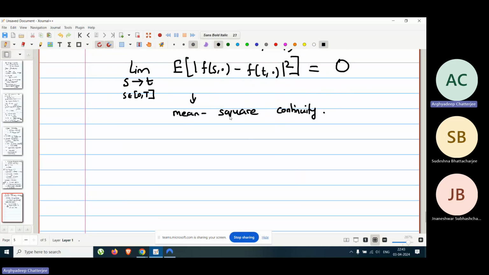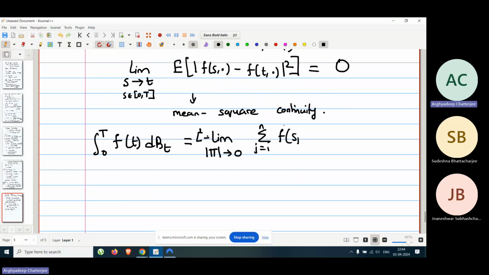And if this holds, then we can write the integral of f(t) dB_t. This is equal to the limit as the norm of the partition tends to 0, and this limit will be in the L2 sense, of the sum over j equals 1 to n of f(s_{j-1}) times (B_{s_j} minus B_{s_{j-1}}).